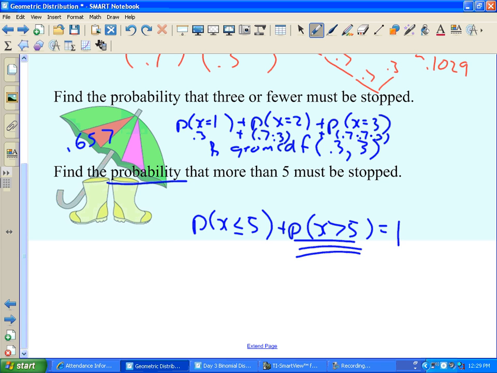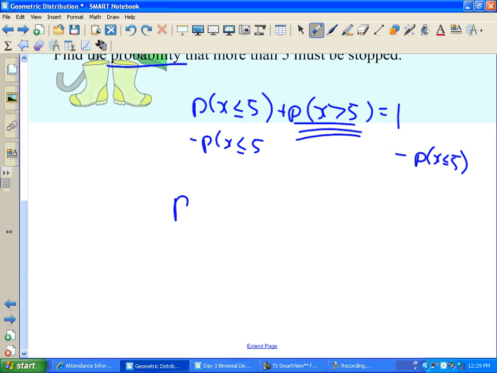So, pre-algebra time, subtract that from both sides of the equation.